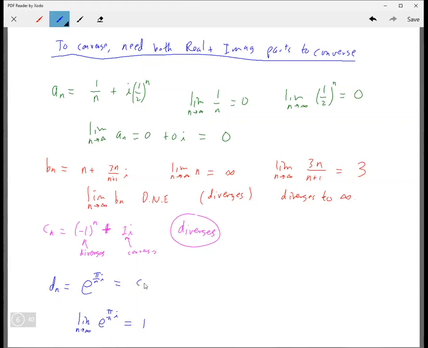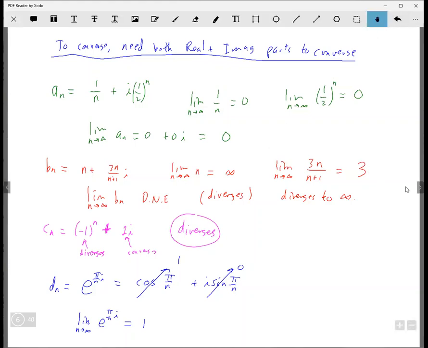But you could also split it up into cosine of pi over n plus i sine of pi over n. Then this one goes to 1 and that goes to 0, because cosine of 0 is 1 and sine of 0 is 0. And so that's going to converge to 1.